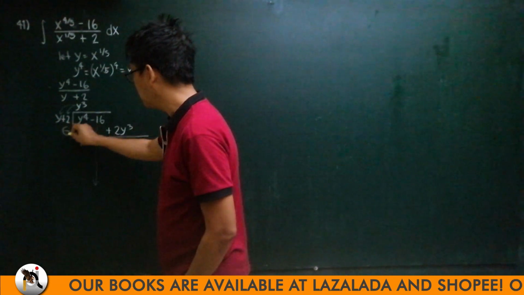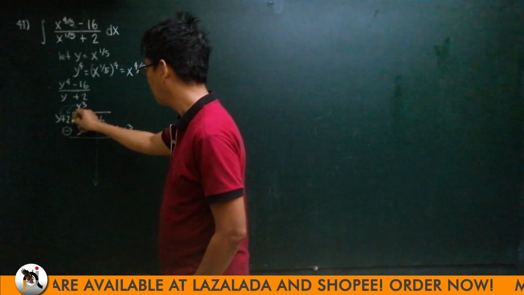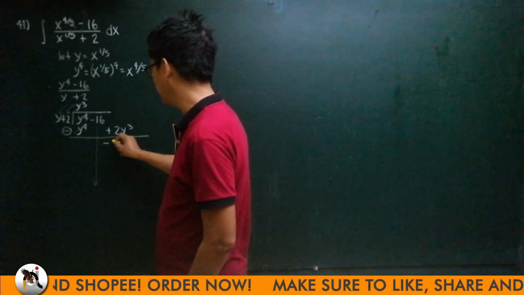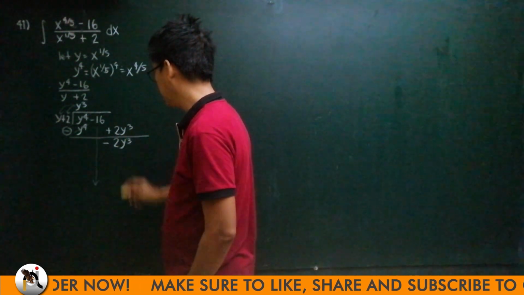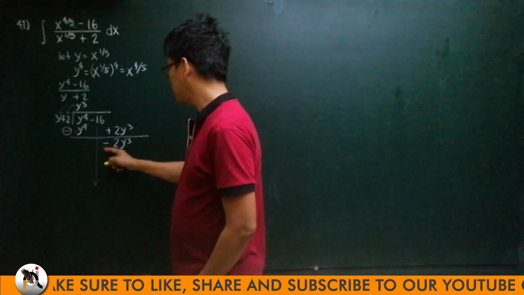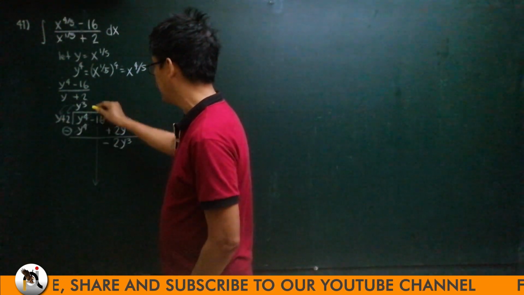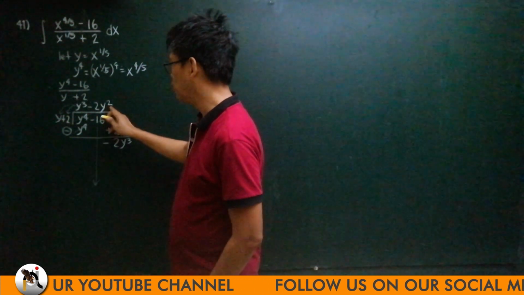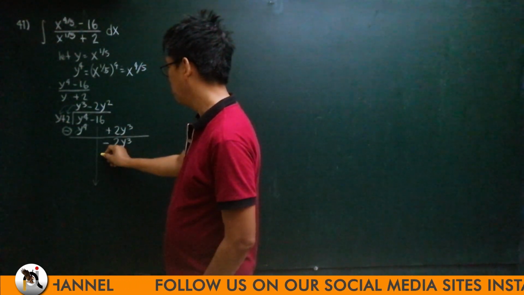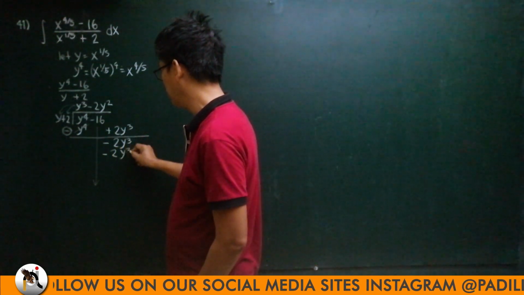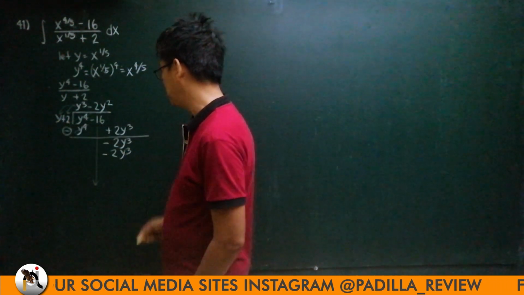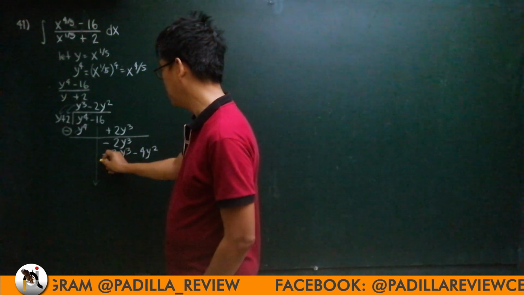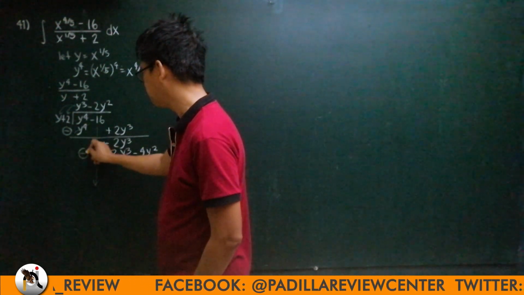So we subtract. y to the fourth minus y to the fourth cancels. So this is going to be minus 2y cubed. Minus 2y cubed over y is minus 2y squared. Minus 2y squared times y is minus 2y cubed, minus 2y squared times 2 is minus 4y squared. We subtract again.